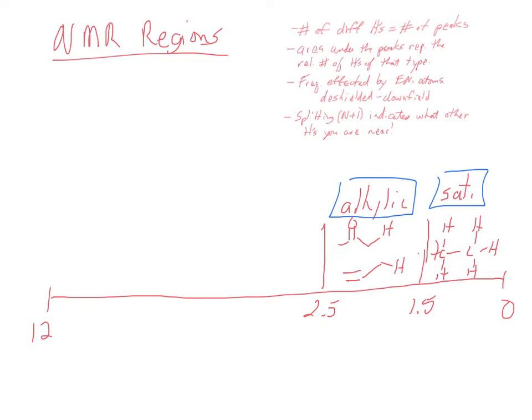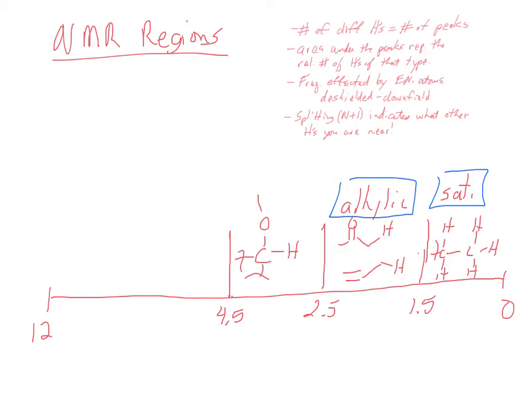Okay. Next region, between 2.5 and 4.5. That's when you're on the same carbon that is bonded to an oxygen, or on the same carbon that's bonded to a nitrogen. Obviously, if you're bonded to an oxygen, you're going to be more deshielded than a nitrogen because oxygen is more electronegative.